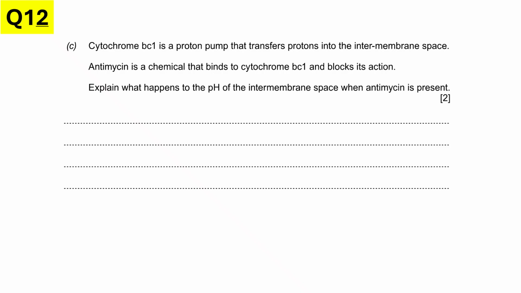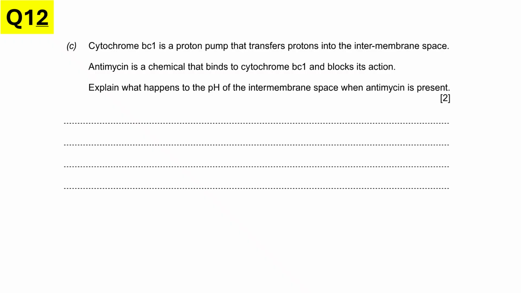So the third part to this question, part C, it does tell us that cytochrome BC1 is a proton pump that transfers protons or pumps protons, H+ ions, into the intermembrane space, which is where they can start to accumulate. Then it says a chemical called antimycin can actually bind to cytochrome BC1, or proton pump number 2, and block its action.